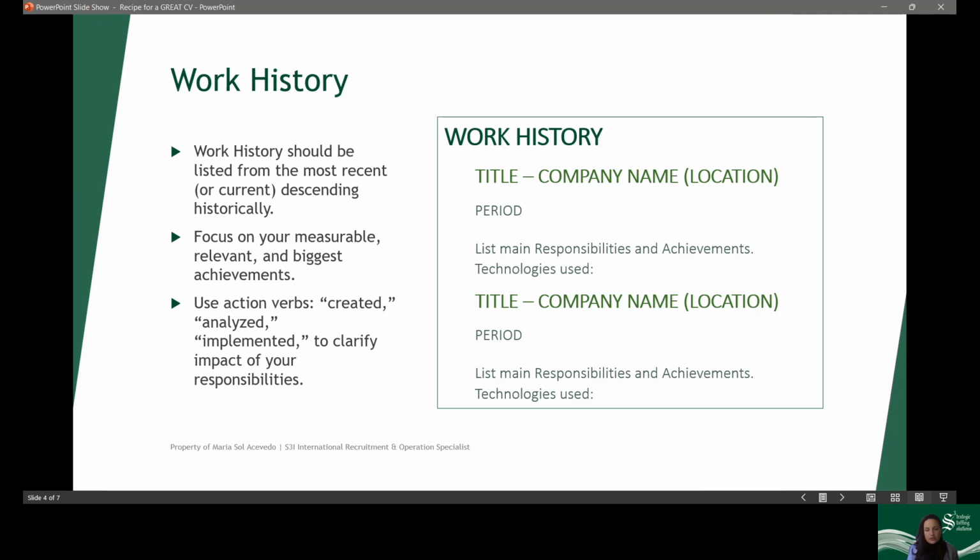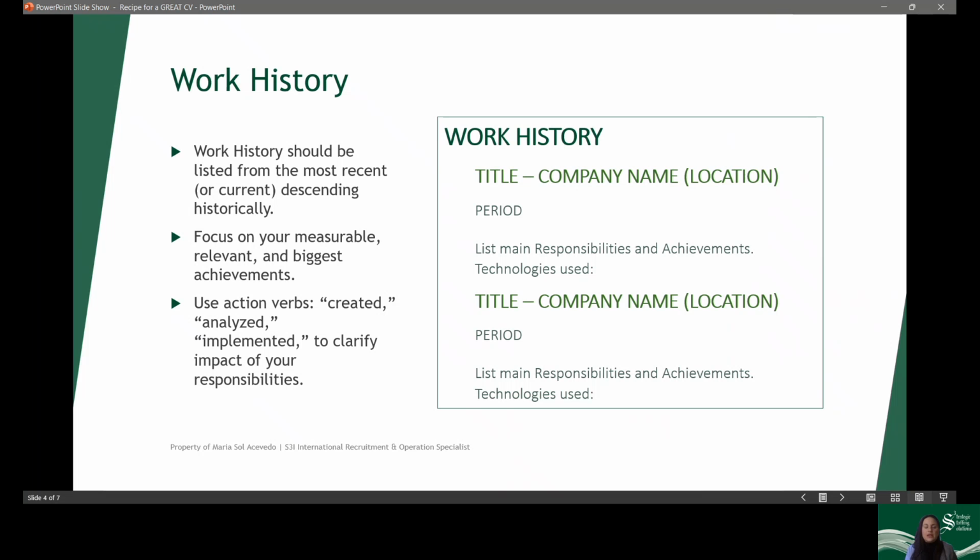When sharing our work history, we are going to share in this structure: we're going to put our title, the company, where we were sitting, if we worked in different locations, the period of time, and then we are going to list our main responsibilities and achievements. Again, try to use active verbs.